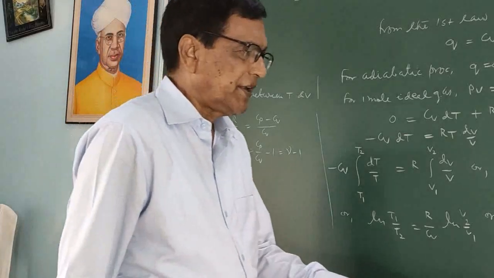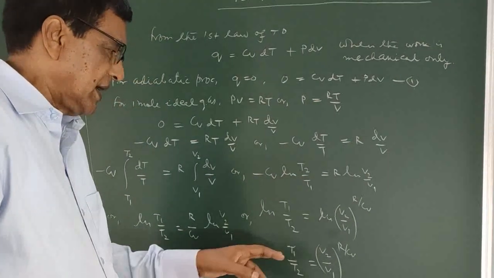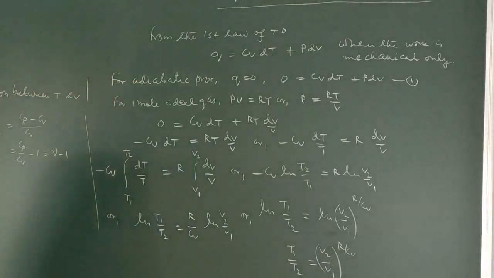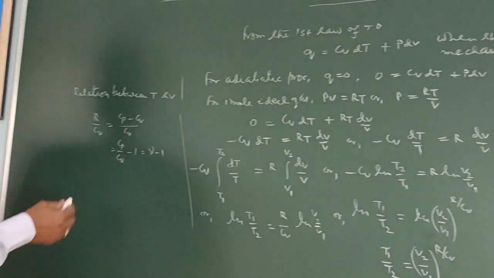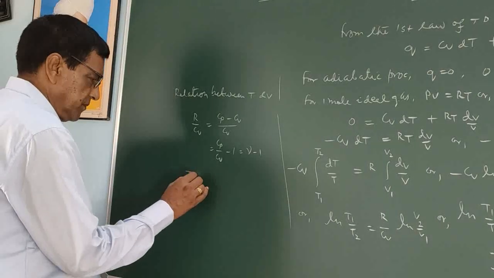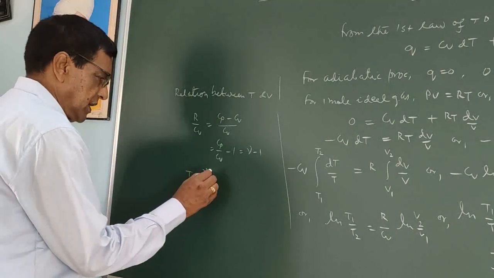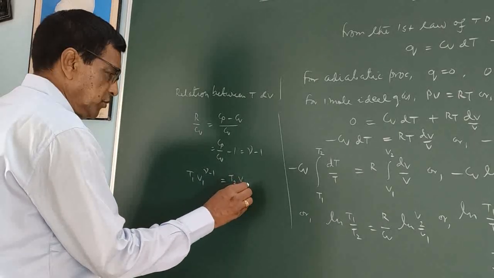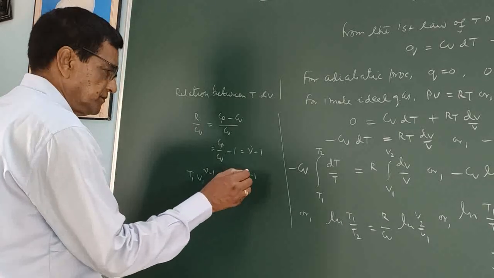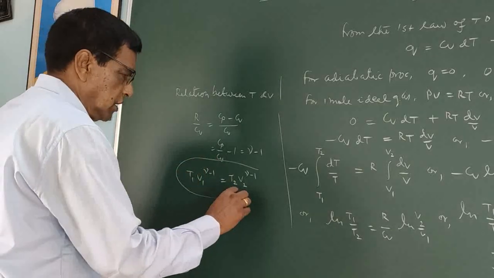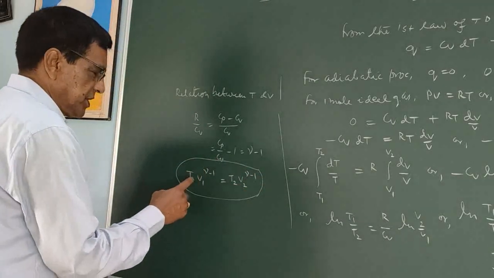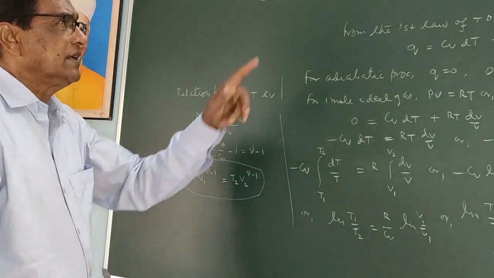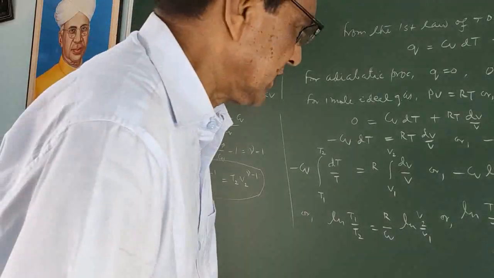So instead of writing R by Cv, and cross multiplying, it is T1 V1 to the power gamma minus 1 equal to T2 V2 to the power gamma minus 1. So this is the relation between temperature and volume for an ideal gas in a reversible adiabatic process.